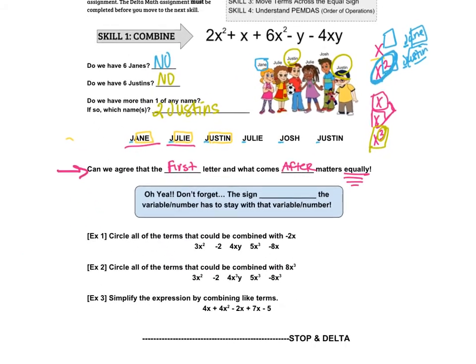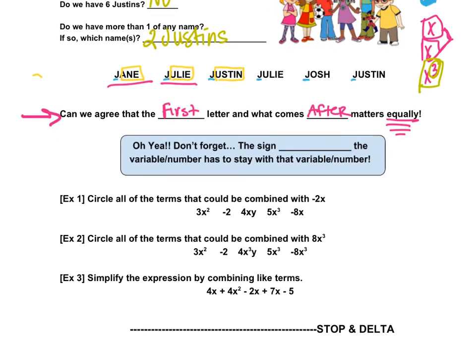Okay, so let's look at this blue thing in the middle, and then we'll go into some examples. It says, oh yeah, don't forget, the sign in front of the variable or the number has to stay with that variable or number. And so we'll see that here in a couple example problems.